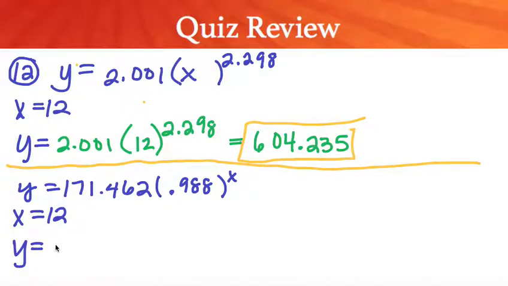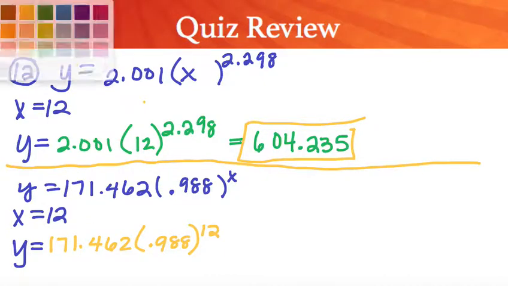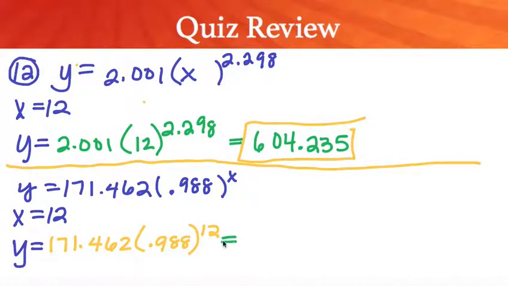Okay, so let's do 171.462 times 0.988 to the 12th. I'm going to change colors so you can see what I'm doing. Okay, so now I'm going to go 0.988 to the 12th first. Exponents first because that's what PEMDAS tells us to do. And once I get that, I can immediately multiply that answer times 171.462.